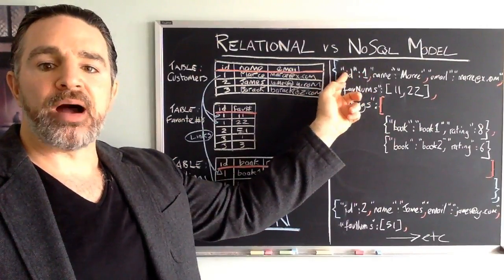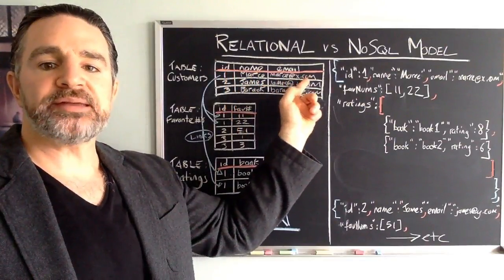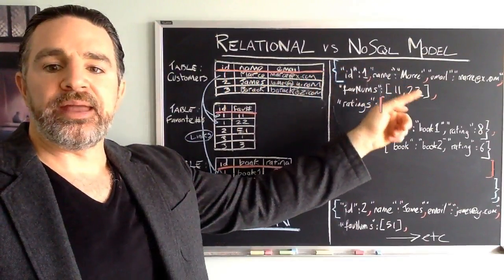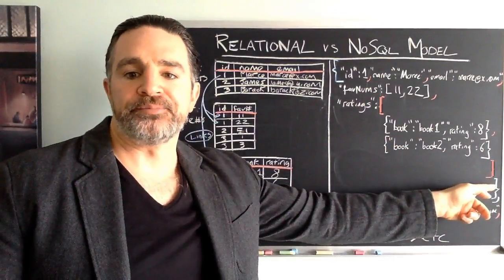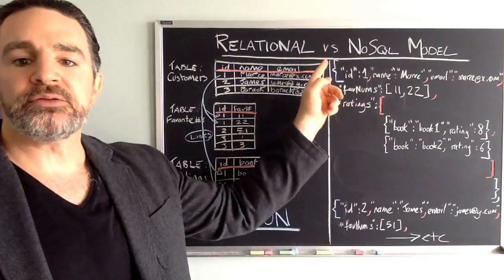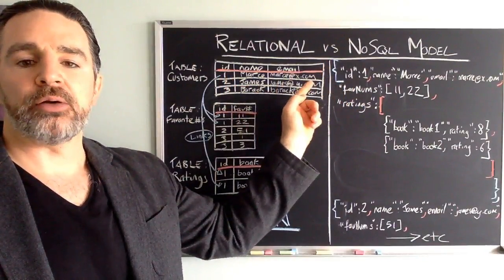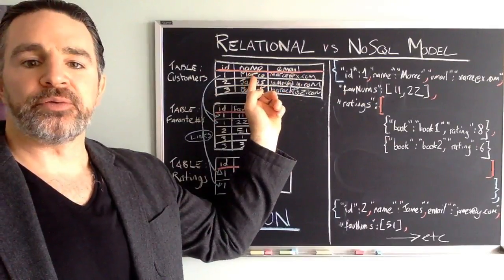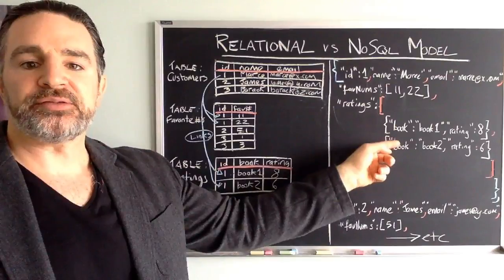So this is Marcy's document. This is the row for Marcy. This here, right down to this ending blue bracket here, is the document for Marcy, which is the equivalent of a row. So rows for relational databases, documents for NoSQL.